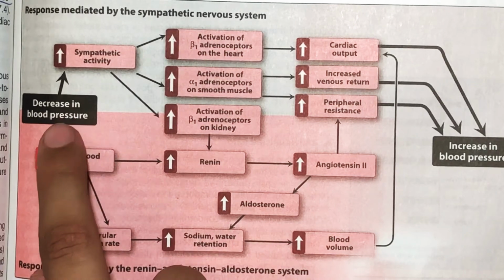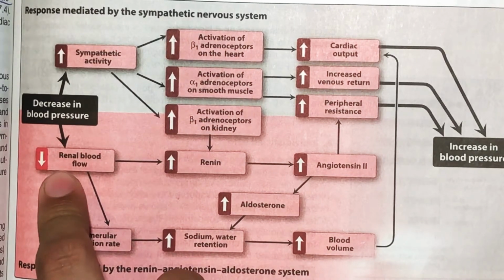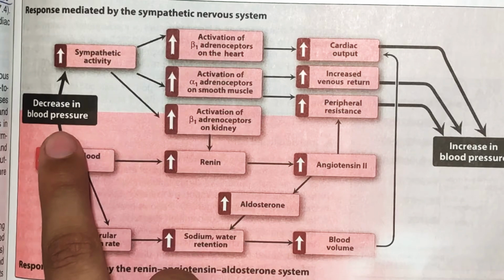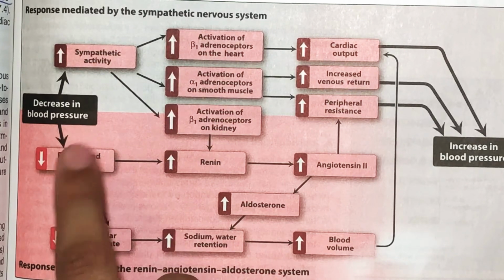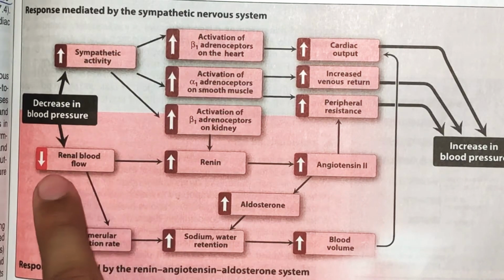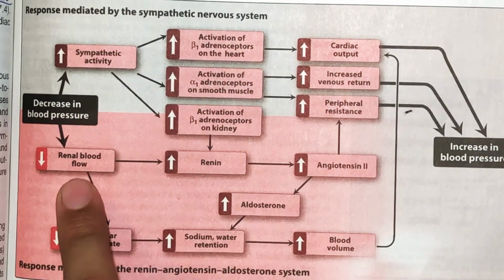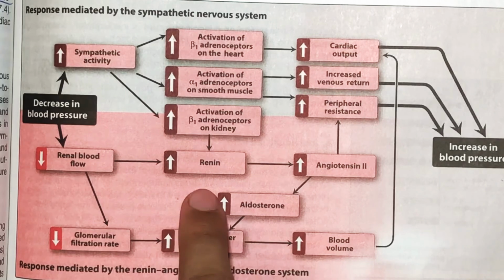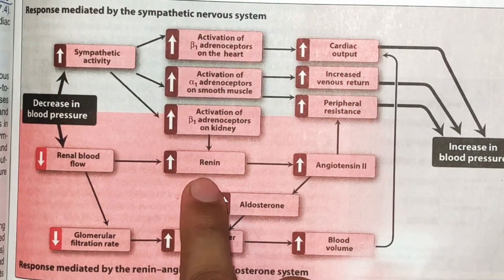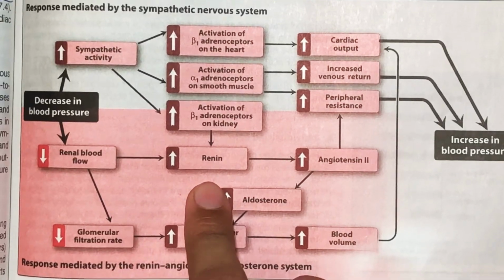If we talk about the other system that happens because of the decrease in blood pressure, that is renal blood flow being decreased because of the decrease in blood pressure. So this decreased renal blood flow causes the increase in the production or release of this enzyme, which is called renin.